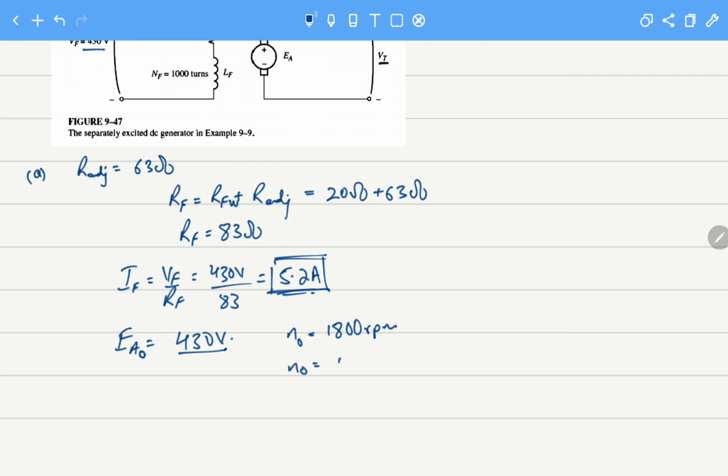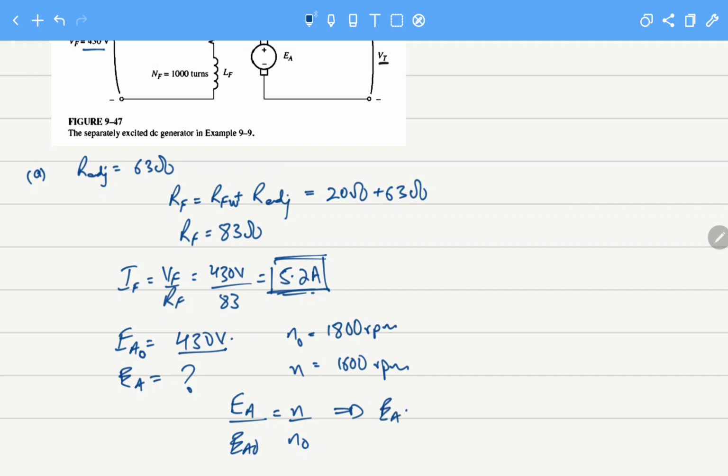Now when the speed is 1600 RPM, the speed that is given, what will be EA? This is a simple question. You would have known that I can take the ratio EA over EA naught equals N over N naught. Simple unitary method that you would have studied in smaller classes.